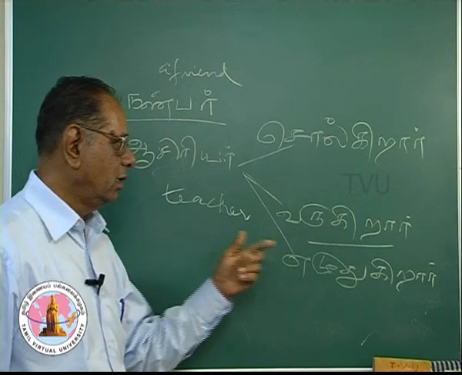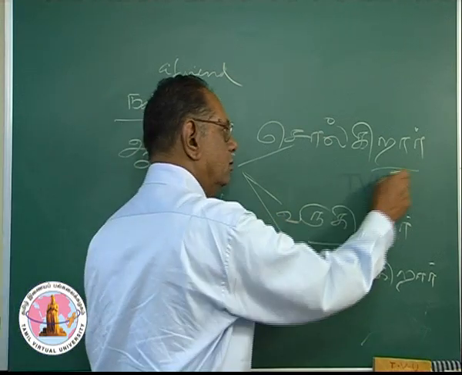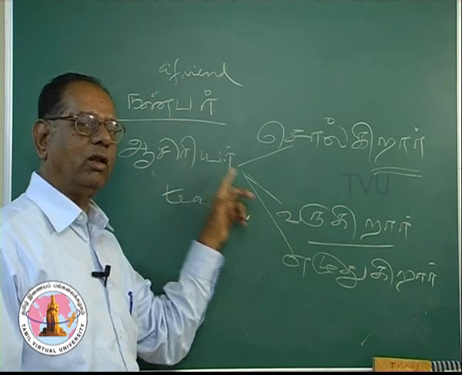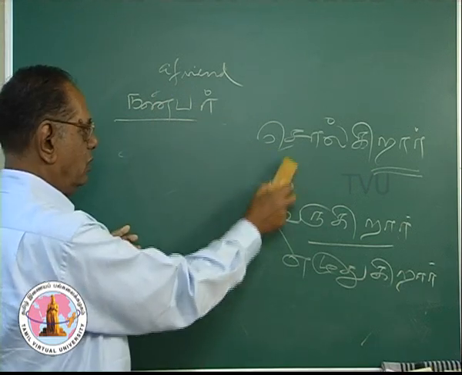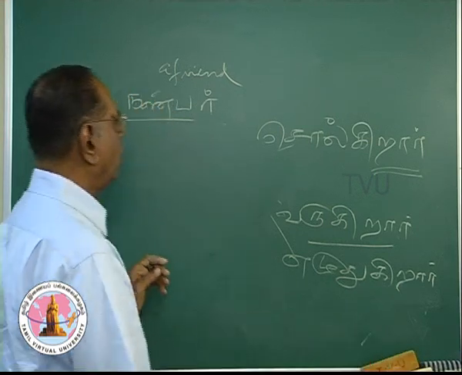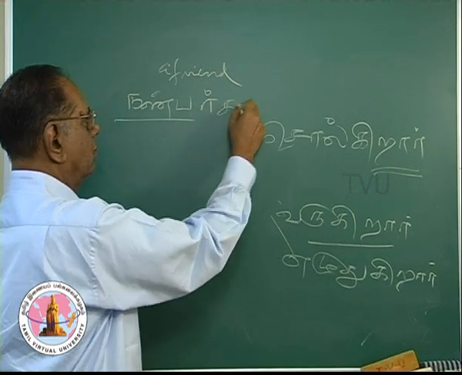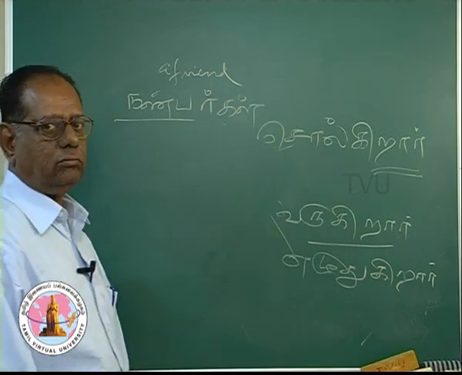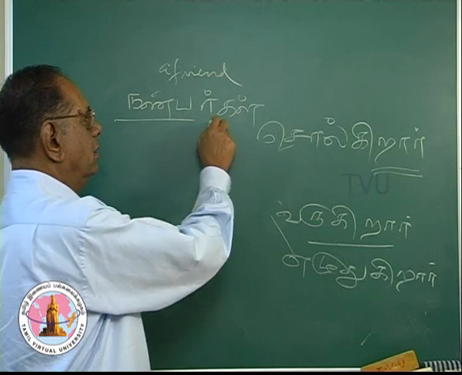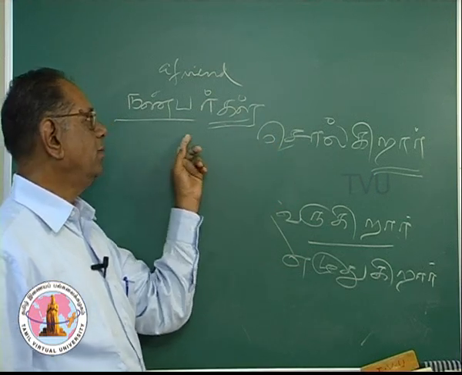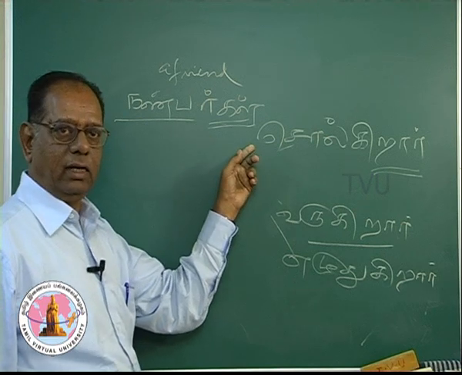Now, with ar, you must remember it is always third person singular honorific. Suppose I make it absolutely plural. What will happen? I add the plural suffix to this. That becomes நண்பர்கள்.